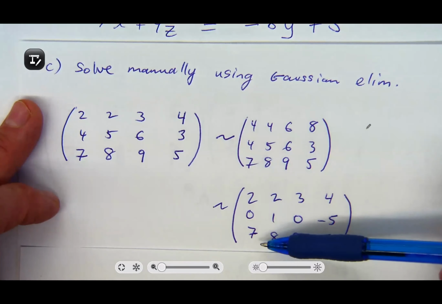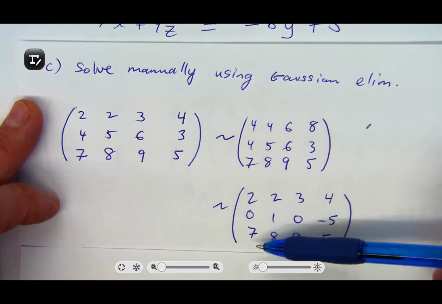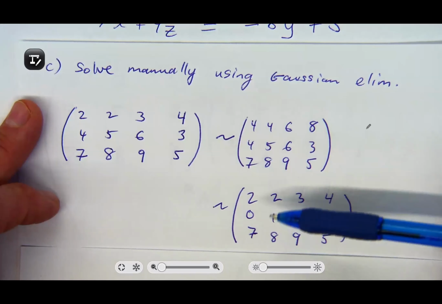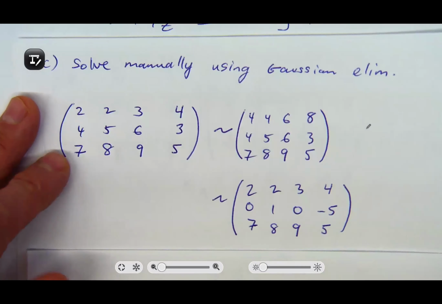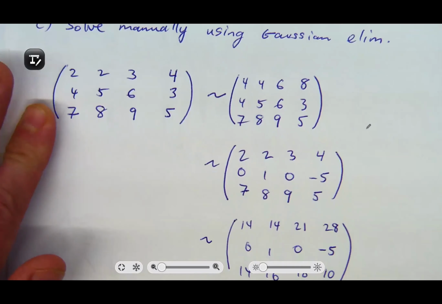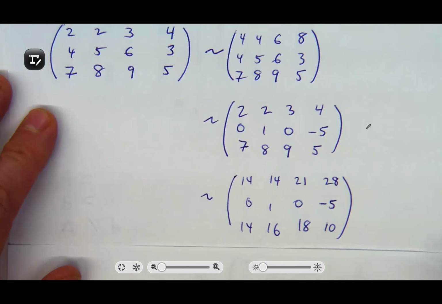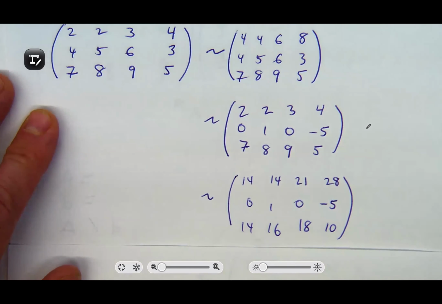I have to get rid of this 7 because I want a 0 where that 7 is. Okay, so I do the same thing. So that would be to multiply the top row by 7, multiply the bottom row by 2, and then take their difference. All right. So here we go. That's the next line. Now I have a 14 in the front.